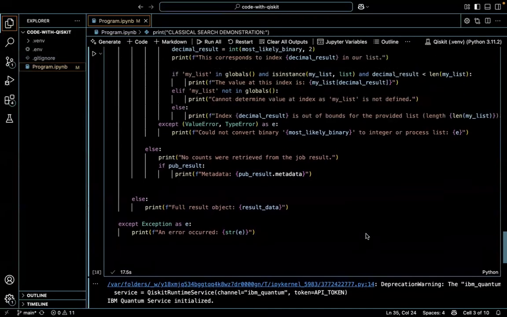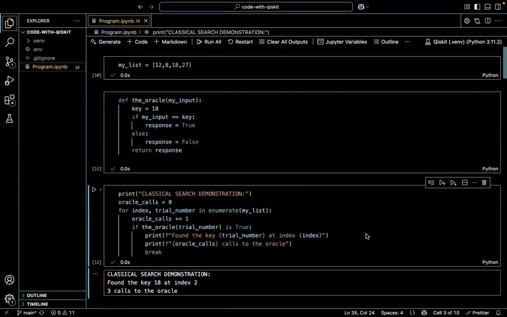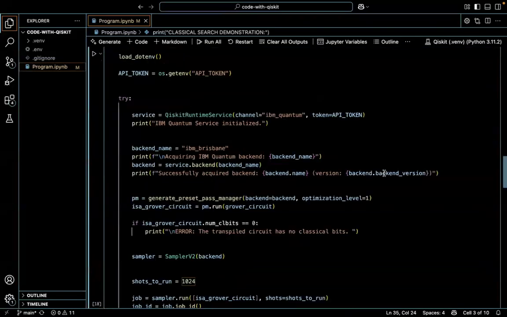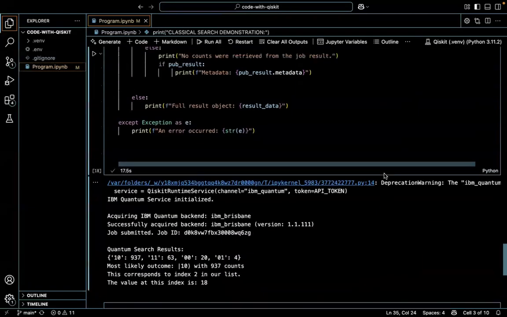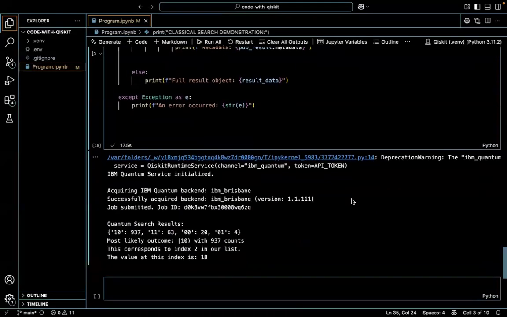We can also cross-check this by checking our list. So in our list defined, we have 18 at index 2. So we have found the location of our element 18 at index 2.